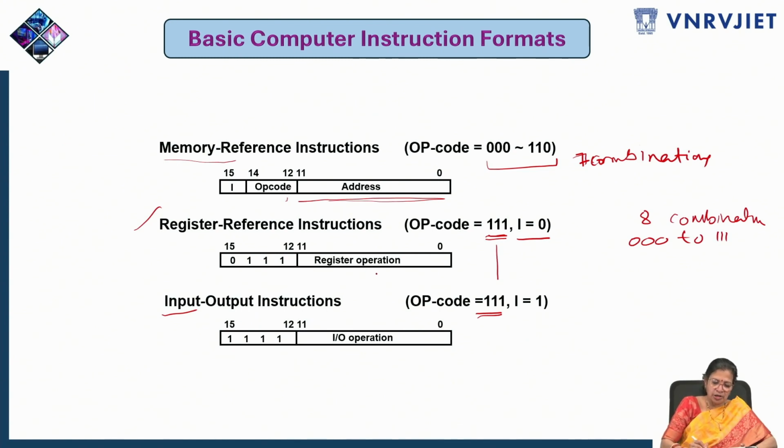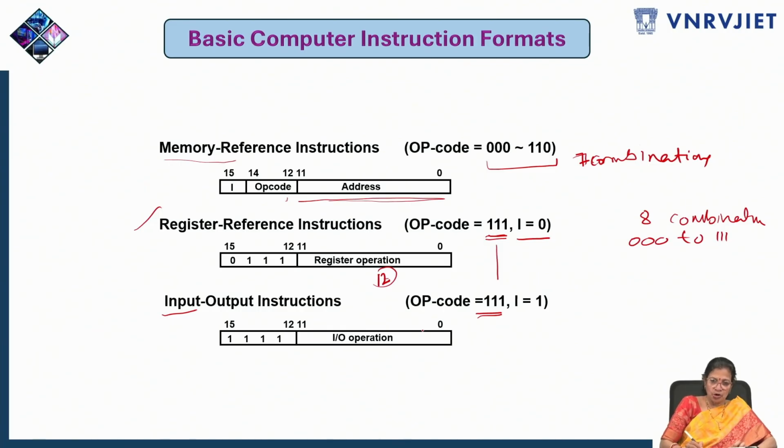And we will have 12 bits each, right? These 12 bits are used to represent one out of the 12 instructions. There are about 12 instructions under register reference instructions. One bit is made one for a particular instruction, so like that we have 12 combinations.